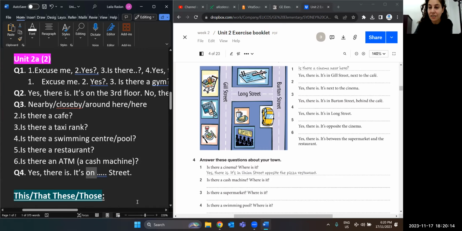We say on. The only reason you say in is if it's inside a place. Yes, it's in the mall. It's in the doctor's office. But on for the name of the street. If it's just on a street, yes, it's on Paynham Road. It's on McGill Road.